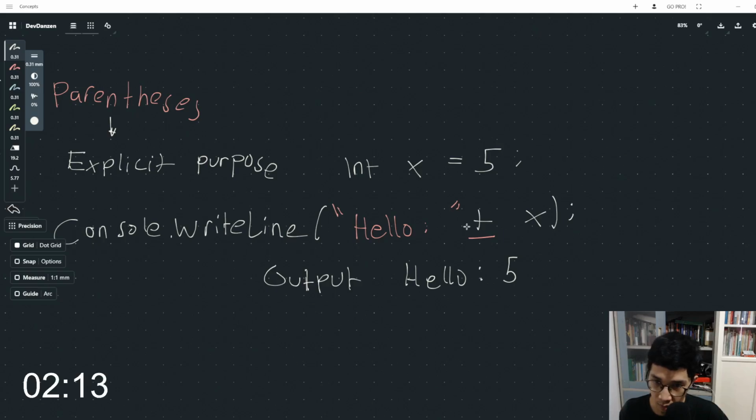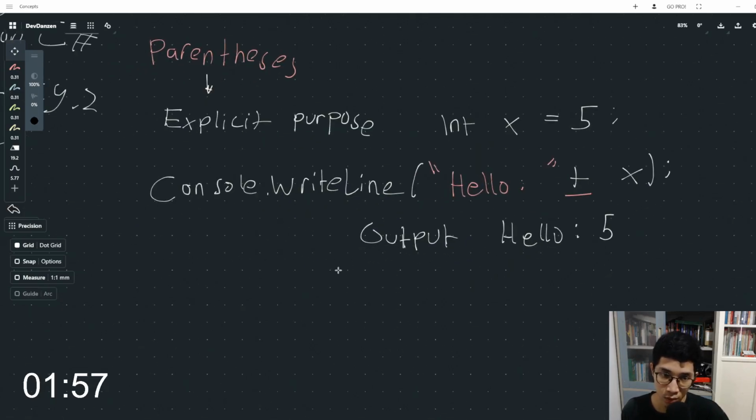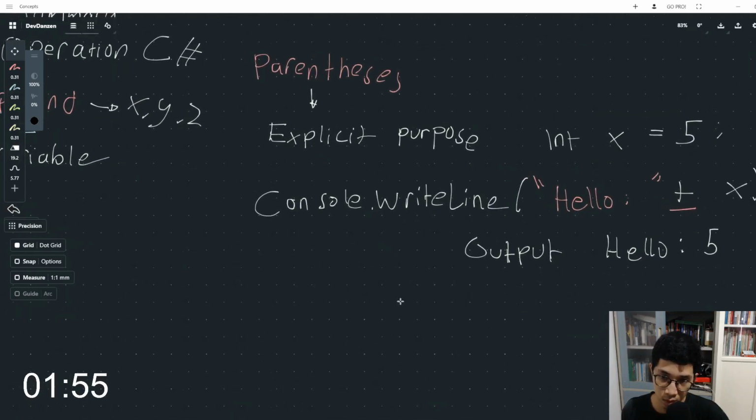That's it, because the plus here is concatenation. It will combine the bridge between "hello" and the x variable, since x is equal to 5. That's how it works.